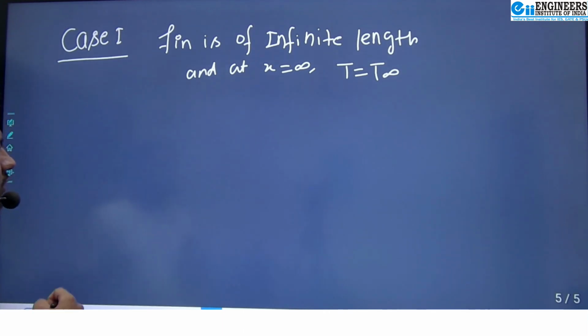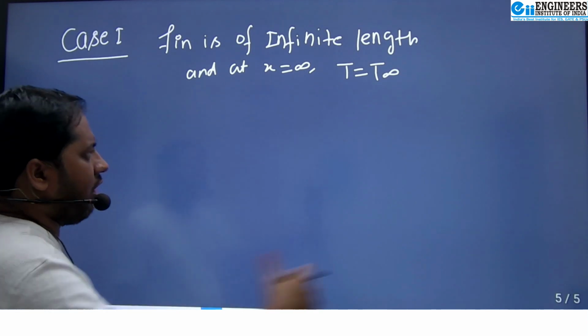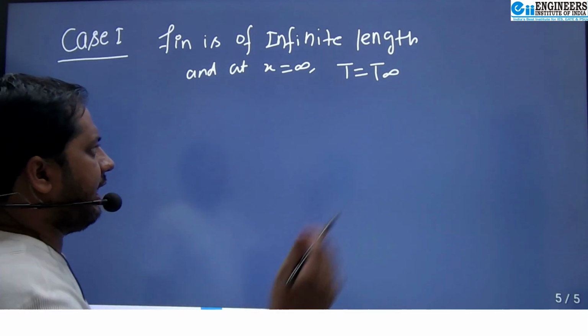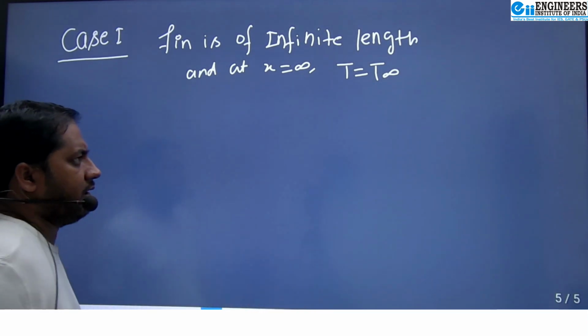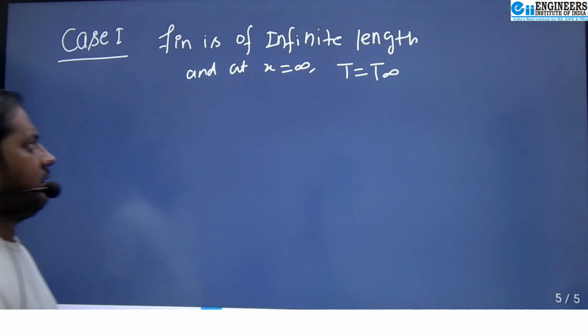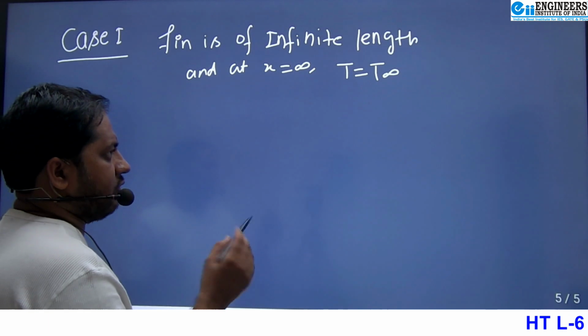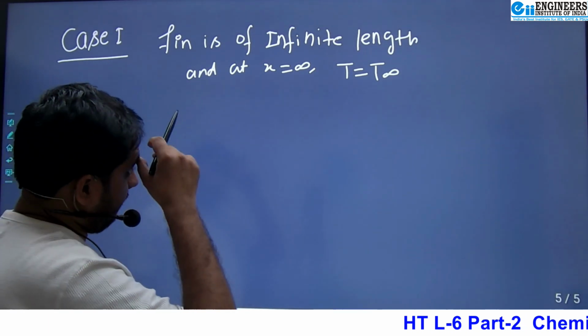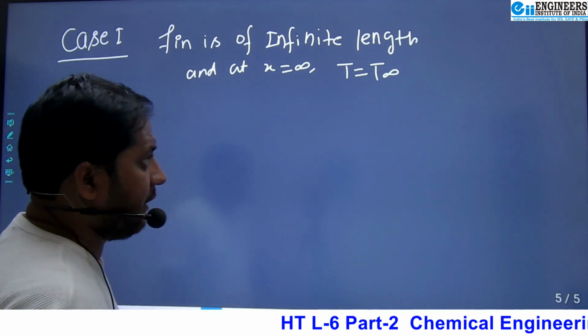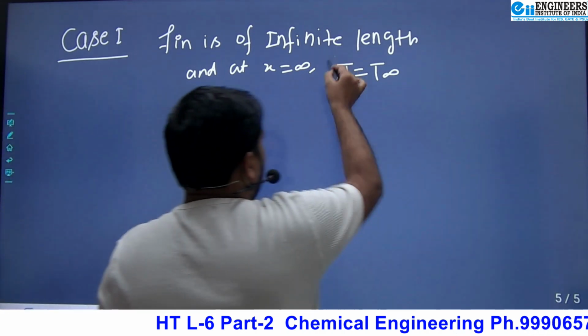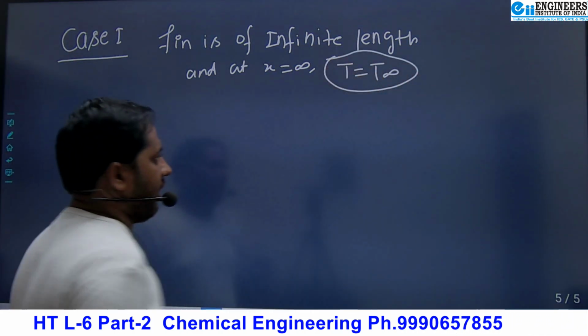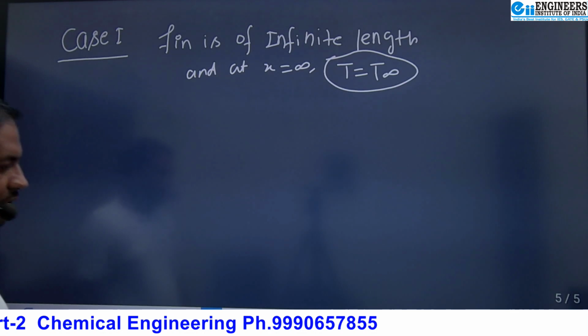You can also say this condition as the fin is so long that the temperature effect at x equal to 0 is not reaching the tip of that fin, and the temperature of that tip is equal to the temperature of the environment. So this is case 1.